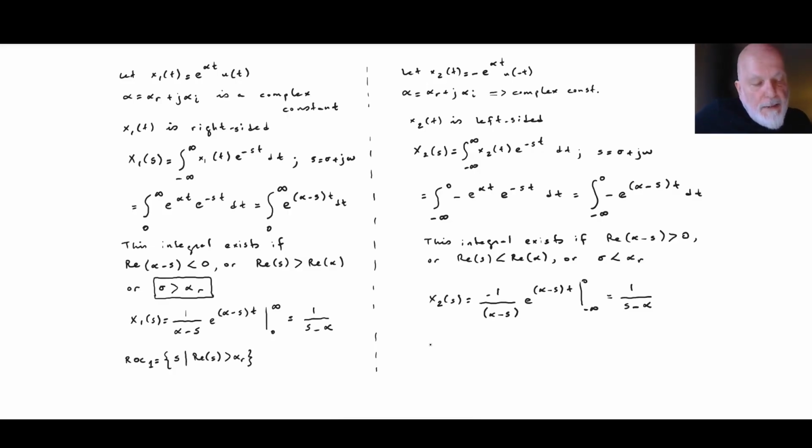And here, similarly, the region of convergence is all those s such that the real part of s, equal to sigma, is less than alpha r.